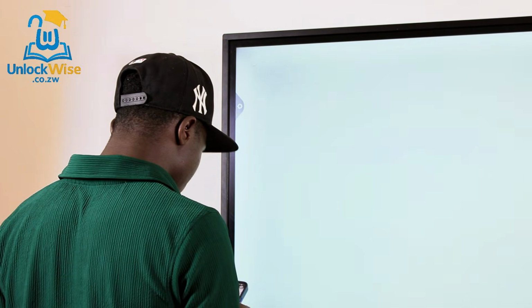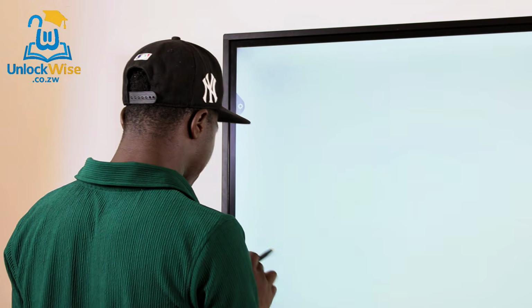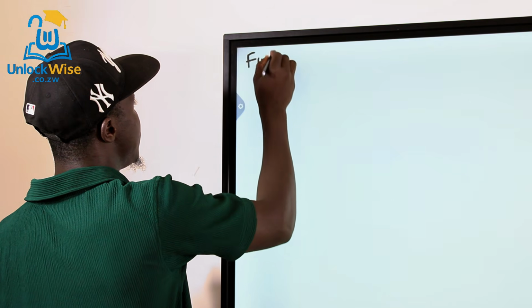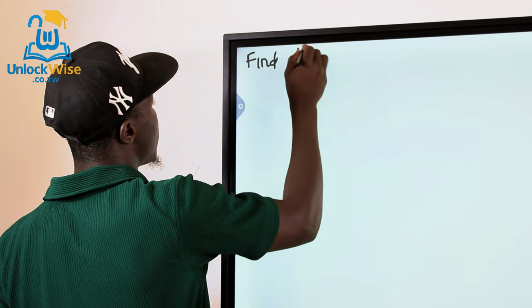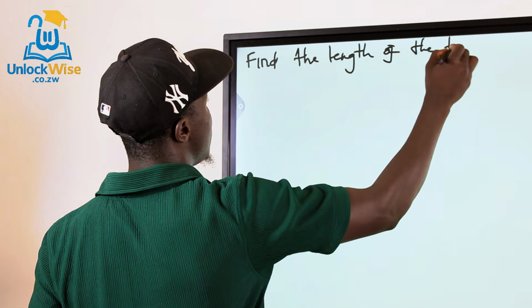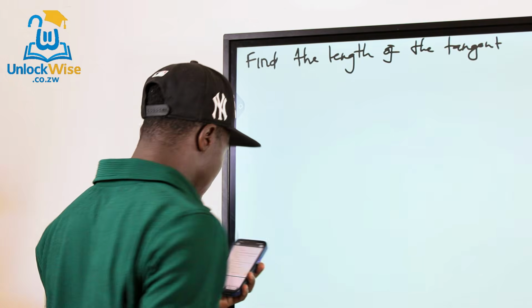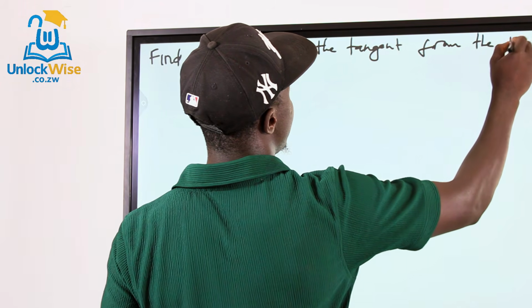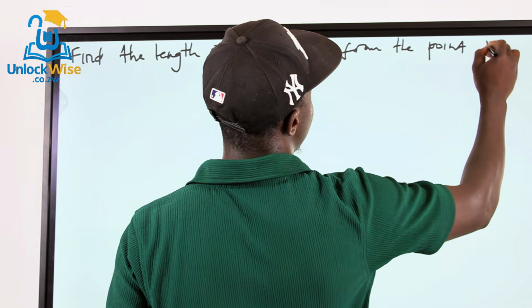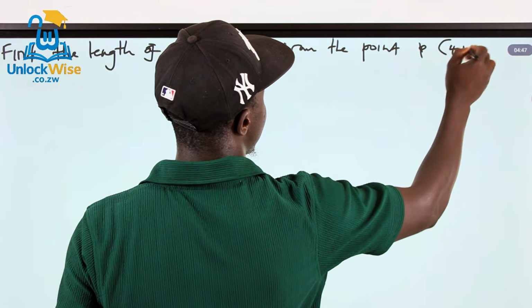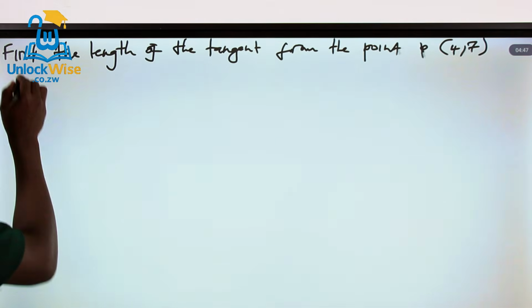The question reads, and this is a very interesting question: find the length of the tangent from the point P, which has the coordinates (4, 7), to the circle.